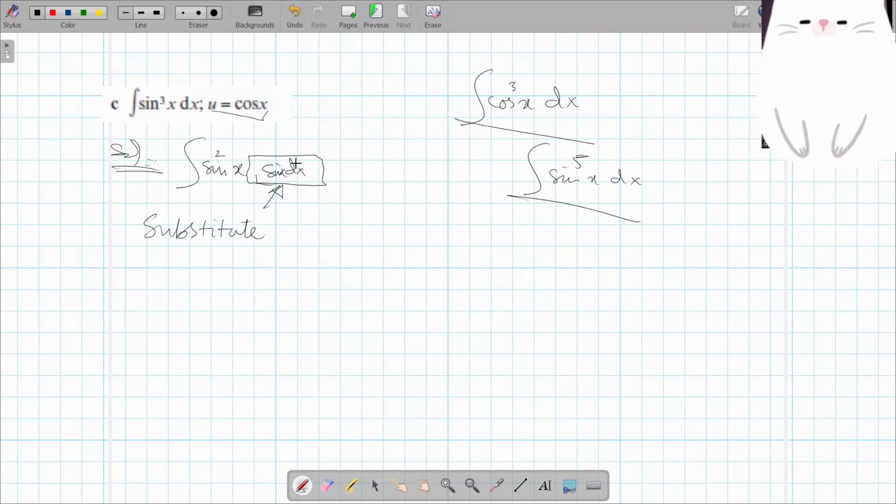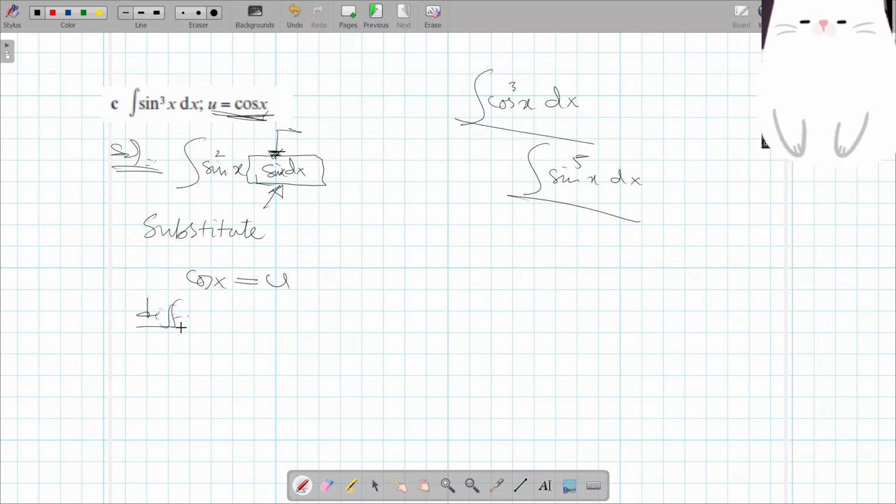Whose derivative is sine x? Negative cos x. Yes, exactly. Actually, the derivative of cos x is negative sine x. So you will substitute cos x equals u.